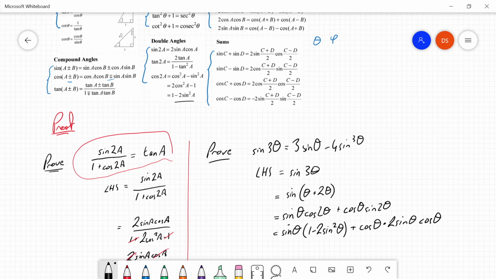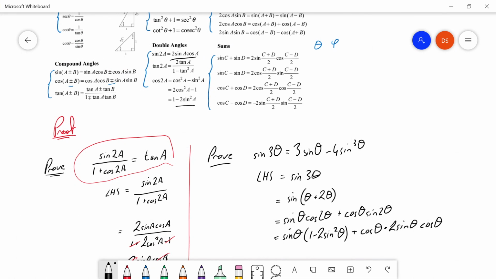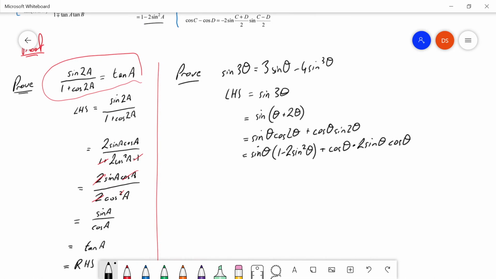Remember, that is from this identity here. Now I've got sine theta times 1 minus 2 sine squared theta plus 2 sine theta times cosine squared theta. Do we have another way of writing cosine? Yes, we do. So I'm just going to leave this part like this for now. We'll deal with it shortly.